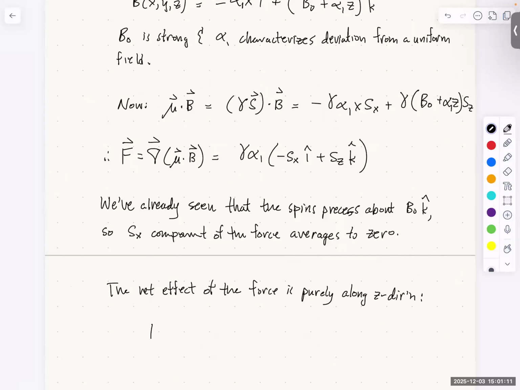The z component of the force is going to be what? Gamma alpha 1 Sz. But Sz, for a spin 1/2 particle, can only be plus h bar by 2 or minus h bar by 2.